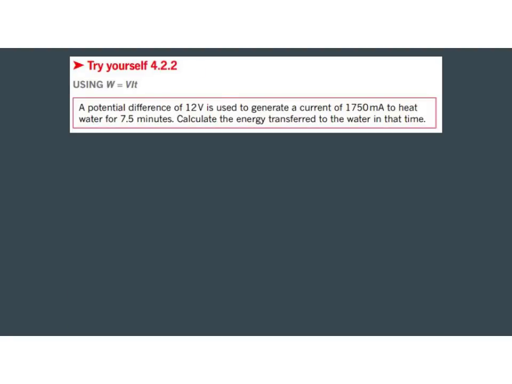So what we have now is pretty much the same situation, same application. This time the energy transferred, the work done, is equal to the 12 volts multiplied by the 715 milliamps, which is 1.75 amps. Now, 1 amp is quite a large amount of current. It's hard for you guys to get a feel for this because you're not dealing with currents on an everyday basis.